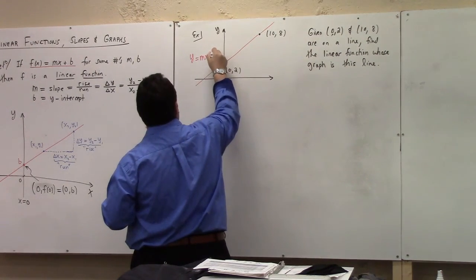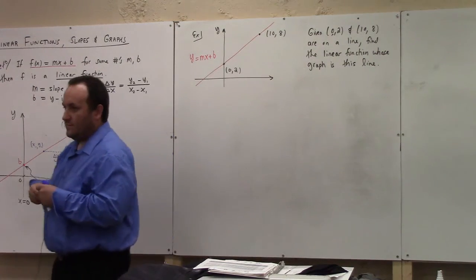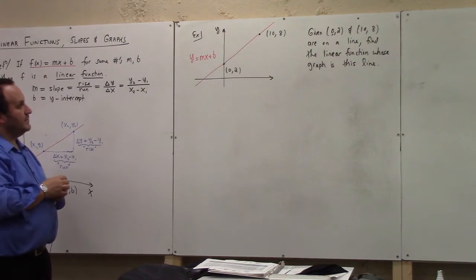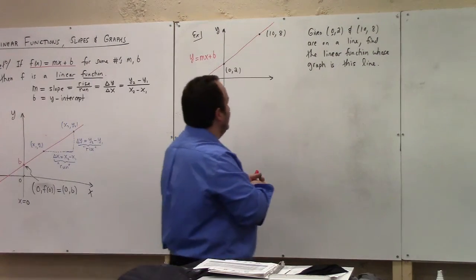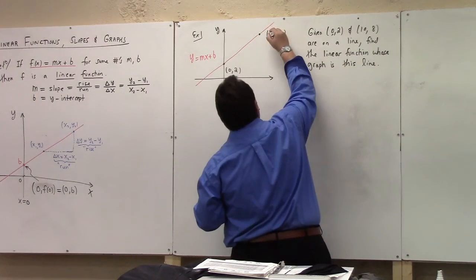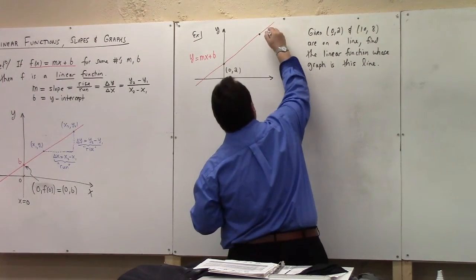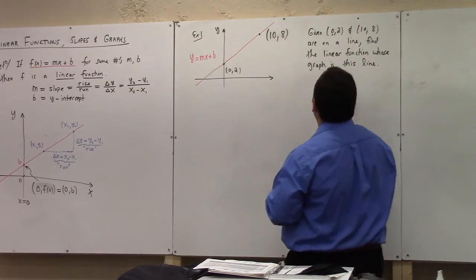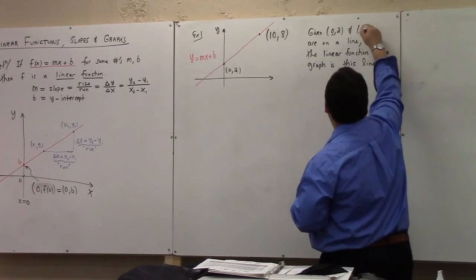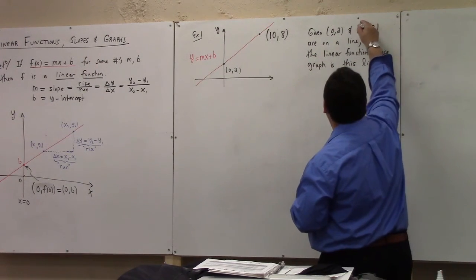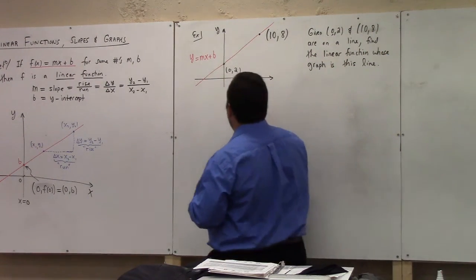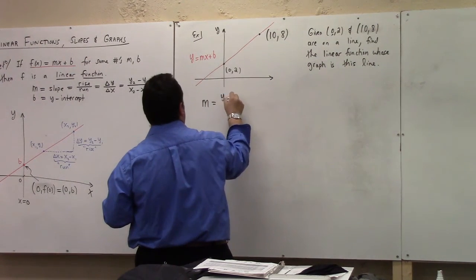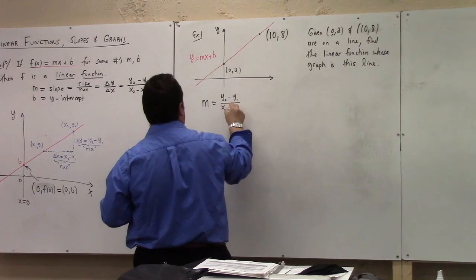So somebody want to get me started? Is that a 10? Yeah, it's a 10. You're going to figure out the slope? Okay. So you said y2 minus y1 over x2 minus x1.